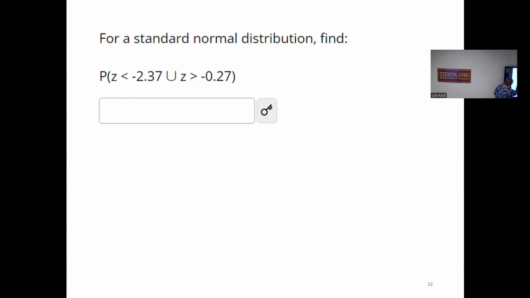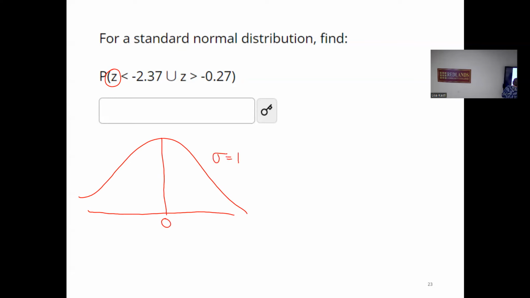So I'm going to draw, we're talking about z-scores, the standard normal distribution. Standard normal distribution has a mean of 0 and a standard deviation of 1. And we're looking for the probability, the area under the curve, that Z is less than negative 2.37, which would be over here somewhere.